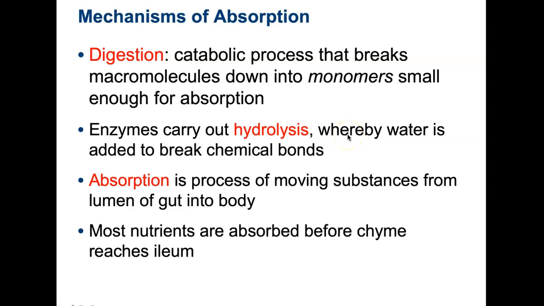Water is going to be added to break the chemical bonds. We have that large carbohydrate and we need to break it up into individual glucoses, and then we need to absorb that individual glucose. Most of the nutrients are absorbed before the chyme reaches the ileum. So the majority of absorption is happening in the duodenum or the jejunum.